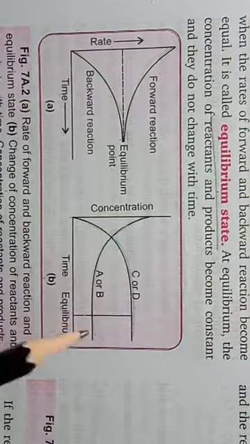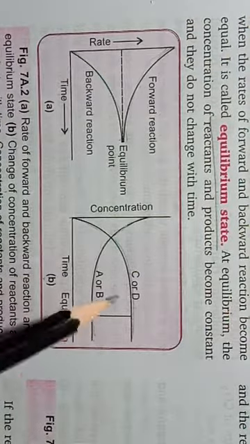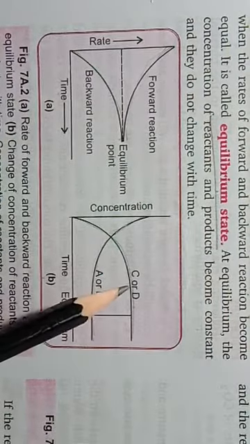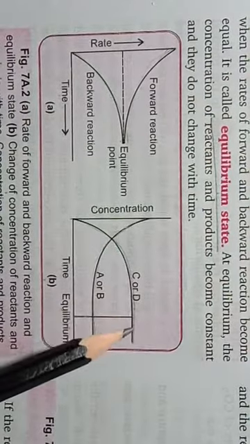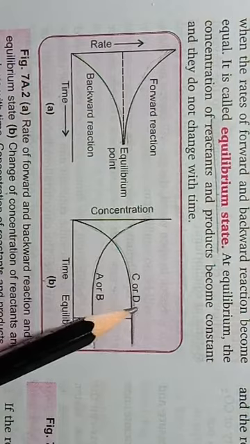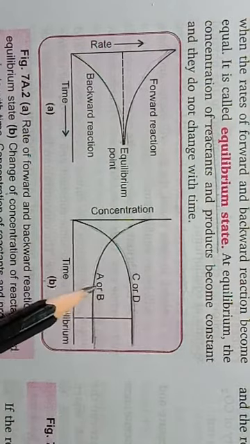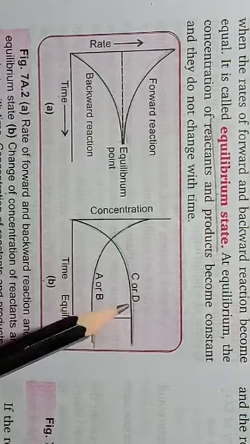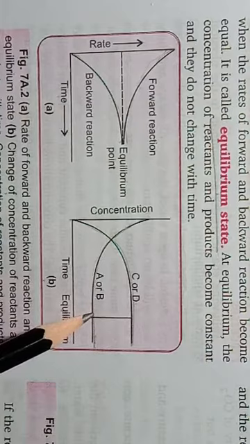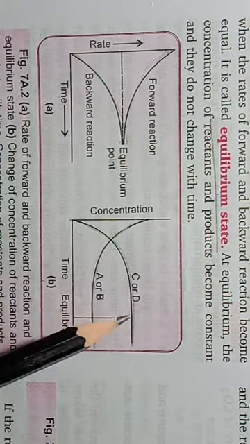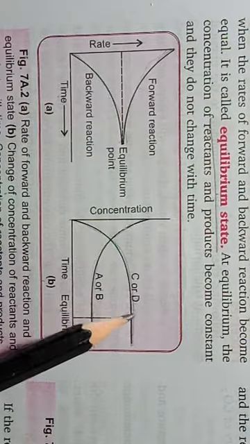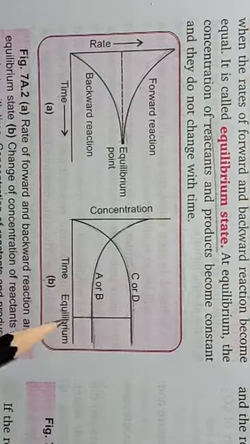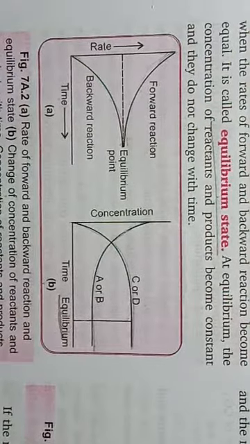At a particular time, the concentration curves of reactant and product become parallel to each other, meaning further concentration is not going to change. The amount of product and the amount of reactant become constant or fixed. When the amounts of reactant and product become fixed, that state of the reversible reaction is known as the equilibrium state.